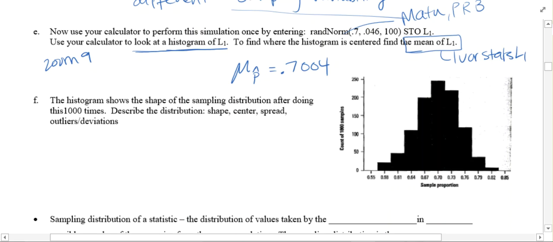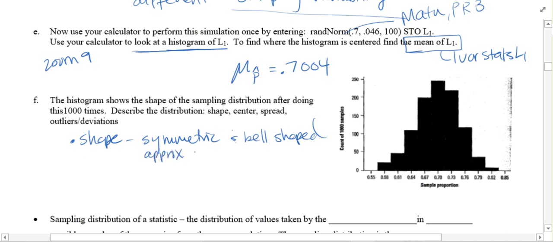How would you describe the shape of this? I'm just going to do bullet points here. The shape is symmetric and bell-shaped. Something that we'll talk about in this chapter would be saying it's approximately normal.